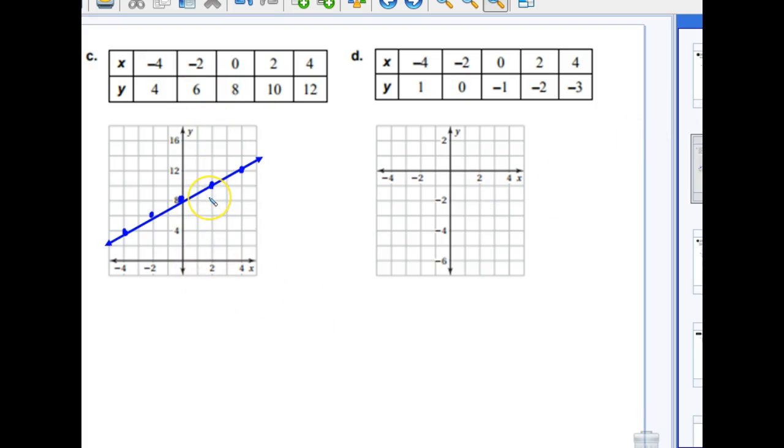The next part is where you're all getting stuck. Okay? So I'm going to write my equation. Y equals, I don't know what m is. X doesn't change. What is my b going to be? What is my y-intercept? You should be able to see it just by looking at that chart.